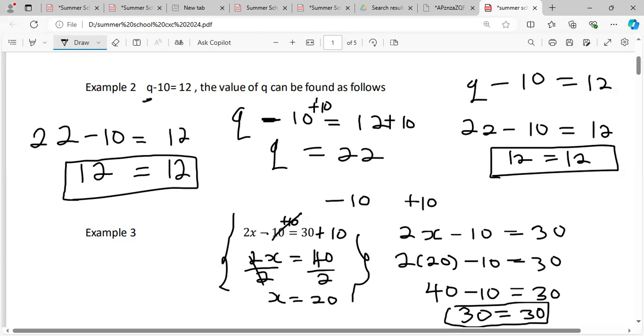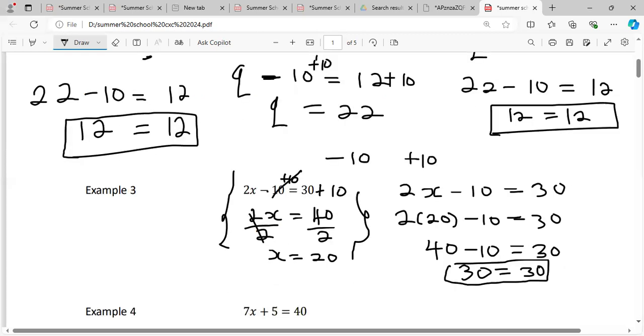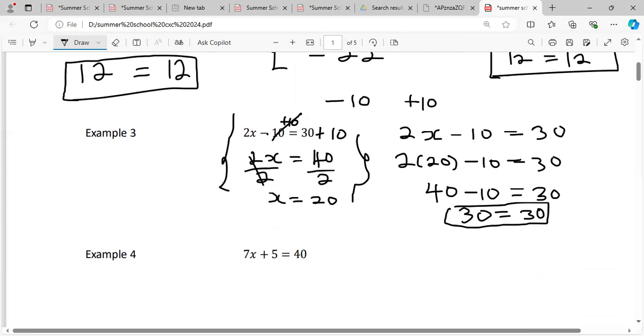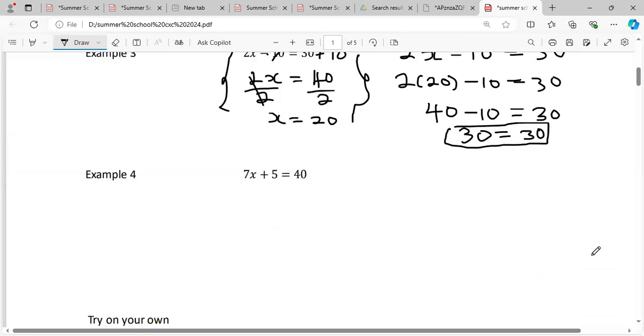No one is responding. That means everybody finished, right? Yes, sir, we're good. All right, let's look at example 4 before you guys try a couple more to see what's up.